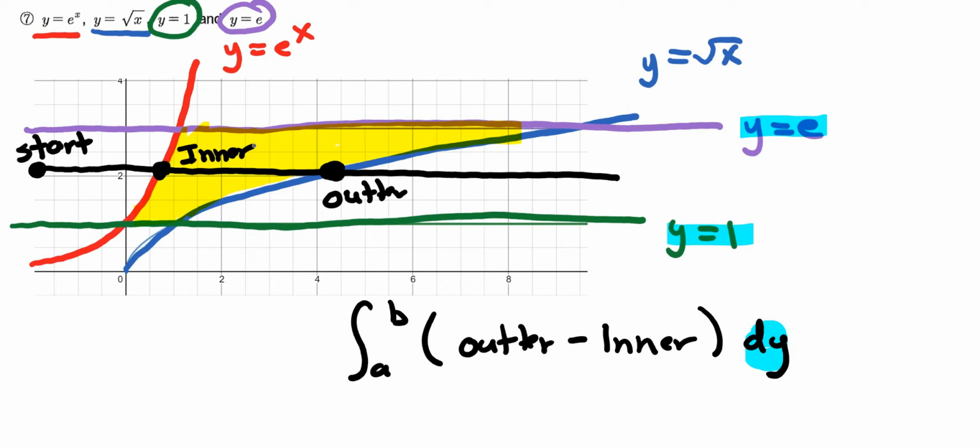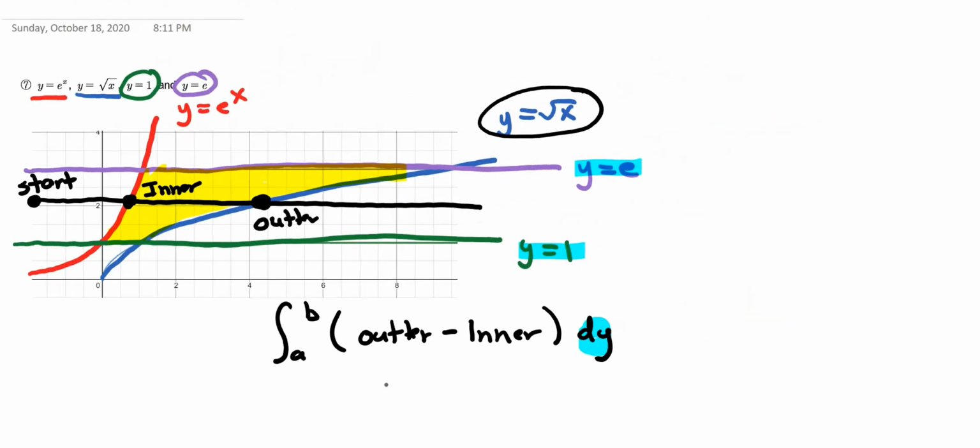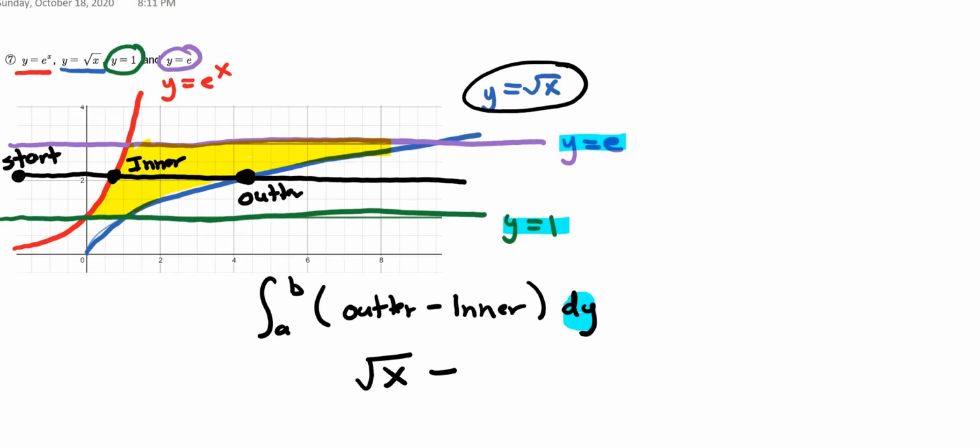Okay, so what is the outer function? Well, the outer function is the blue line, and the blue line has the equation y equals root x. So let's go ahead and plug in root x right away, and then subtract the inner function. Now the inner function is touching the red line, and the equation of the red line is e to the x. So let's write down e to the x right there, and then close that off, dy.